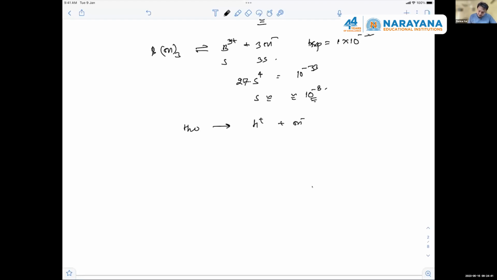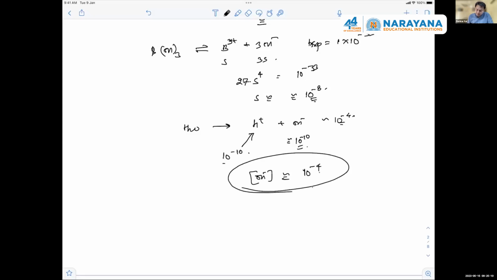Since OH negative from the other sources is of order 10 to the power minus 4, then H plus should be of order 10 to the power minus 10. And that means OH negative coming from water is also 10 to the power minus 10. So you can immediately ignore the OH negative coming from water, and you can say very safely that OH negative will be of order 10 to the power minus 4.